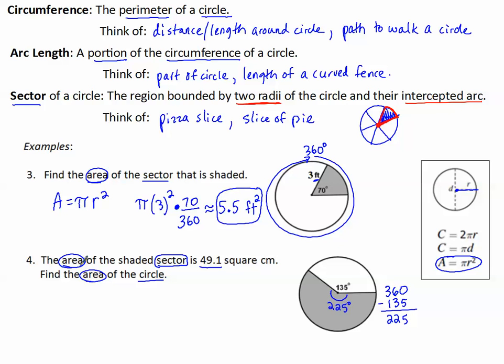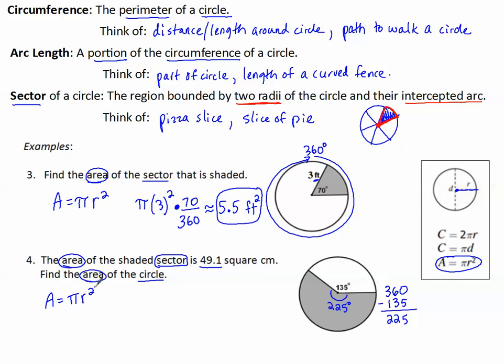Now, we know area and we know we're dealing with a circle, so we're going to say area is pi times radius squared. But they already gave us the area of the sector. We just need to find out the entire circle.